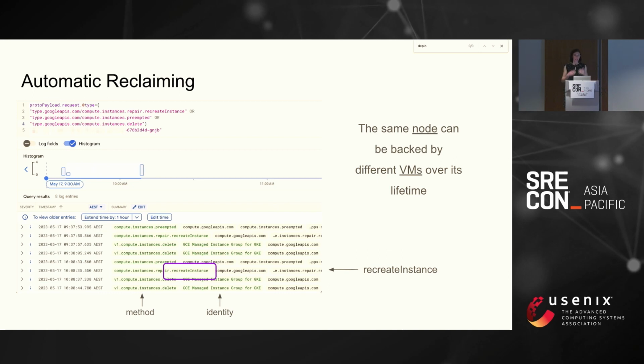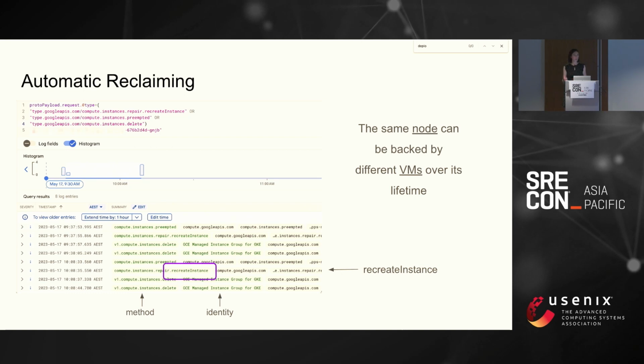Now, I don't have time for suspense, so I'll give you the answer right away, and that's here. Underlying VMs in GKE are managed in a managed instance group. When the managed instance group identifies a signal that some instance was preempted, it must remove this instance from the group. It's non-negotiable. But what it can do is ask for capacity back, and sometimes it will succeed.